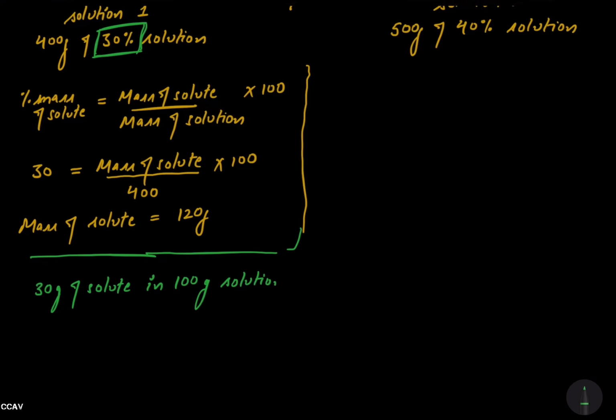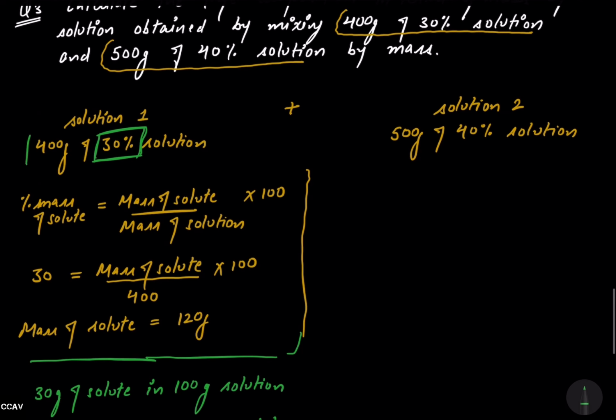The percentage can be written like, 30% stands for 30 gram of solute in 100 gram solution. So that means 100 gram solution possesses 30 gram of solute. Then how much weight of solution is given in the question?